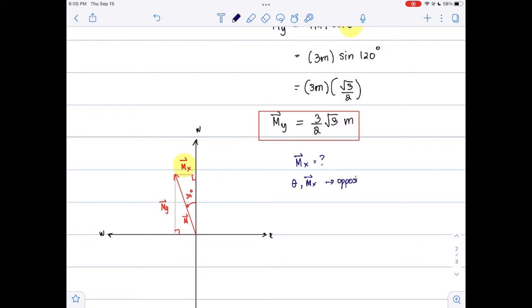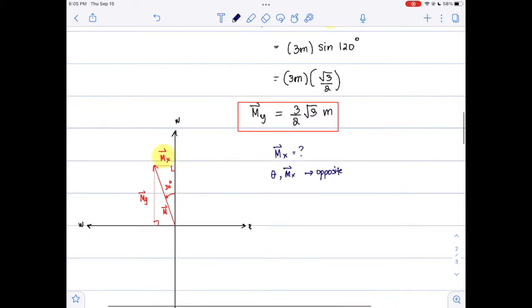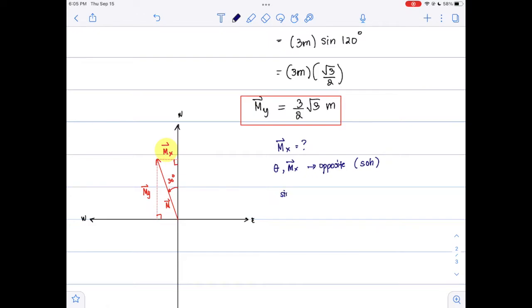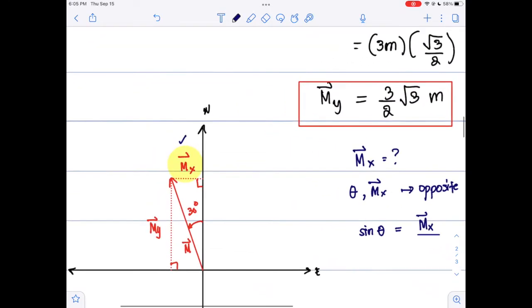When they are opposite, remember the mnemonic SOH-CAH-TOA. So opposite, that's the S. Meaning, the sine of the angle theta is equal to the opposite, which is m sub x, over the hypotenuse. Of course, the hypotenuse will always be opposite to your right angle.